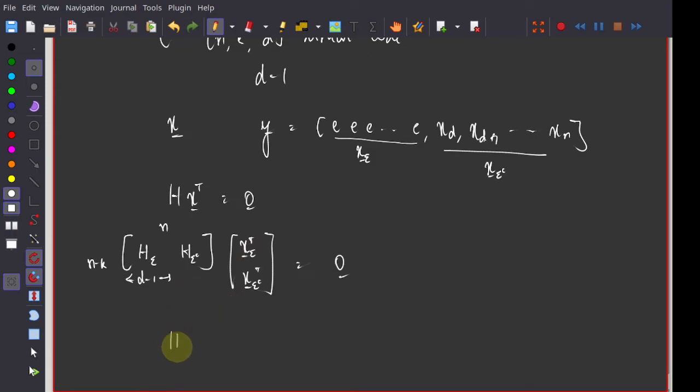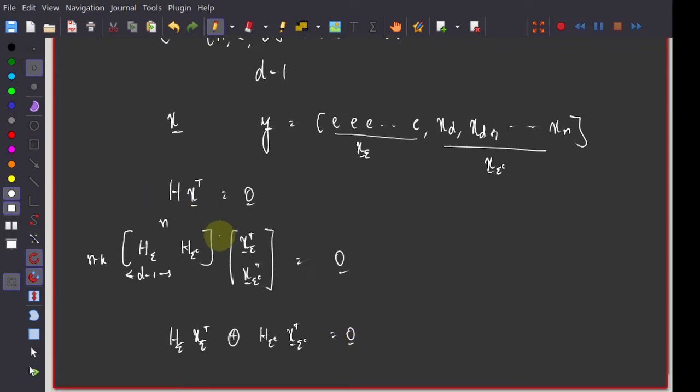Okay. Now what is this equal to? It is nothing but H_E times x erased transpose plus H unerased times x unerased, and this has to be equal to 0 vector, right? Now this makes things much easier because I know H, I know the value of x in the unerased locations, so this is a vector that I know exactly.